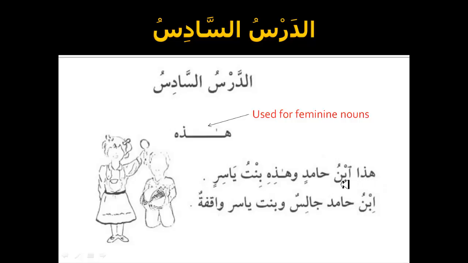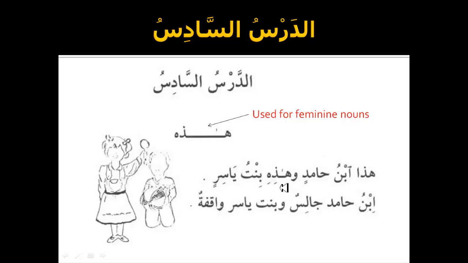هذا ابن حامد وهذه بنت ياسر. Now, Hamidin is one of the names that's masculine. Hamidin is a masculine name, so therefore hada. Actually Ibn, his son, is masculine, a boy, so we use hada. Alright, in hadihi, because of bint, we're talking about a girl.